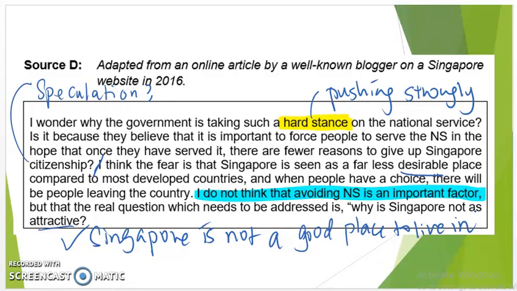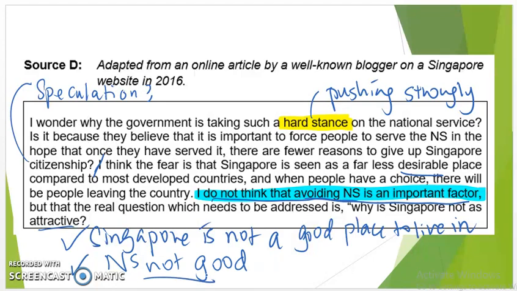That is one thing that he says. However, if you look at the sentence that has been highlighted, I do not think that avoiding NS is an important factor. So basically, what is he trying to say? He's saying that he thinks that NS is not good.